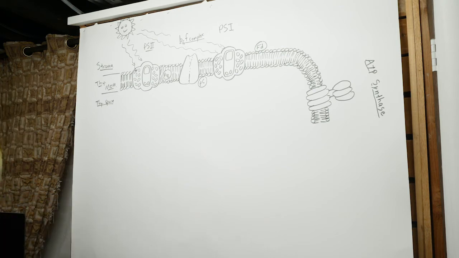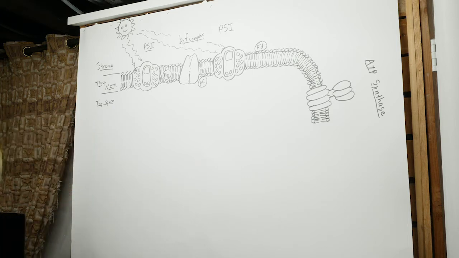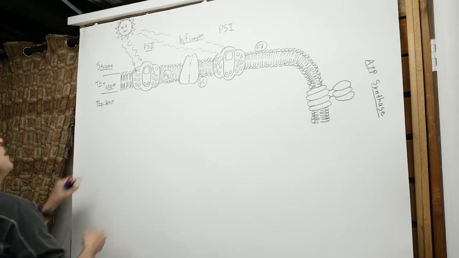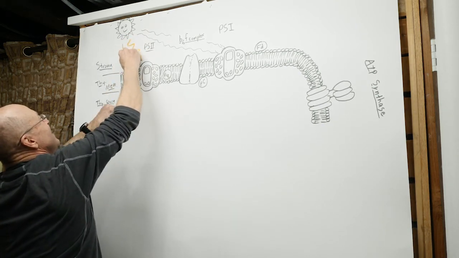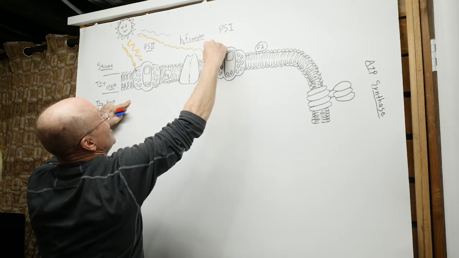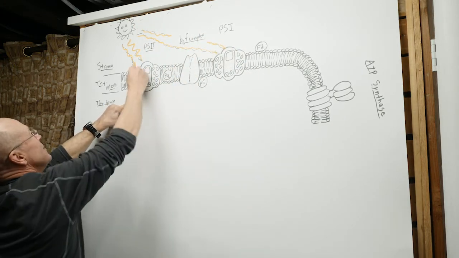Actually, I might even change colors here. Sharpie wise, I only have red and blue, but I have these other pens that might work for me. So how about this? Yeah, this is the chalkboard as well. So now we got a good solar energy color for us, right? That's awesome.